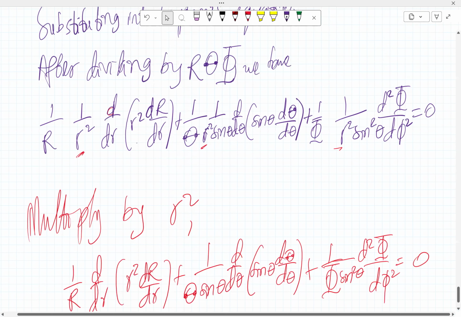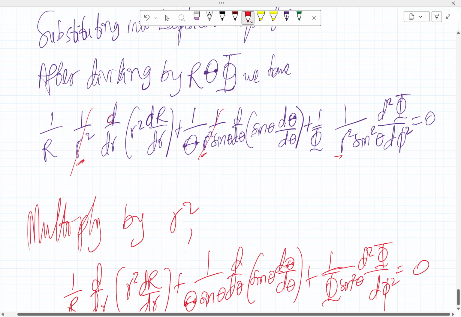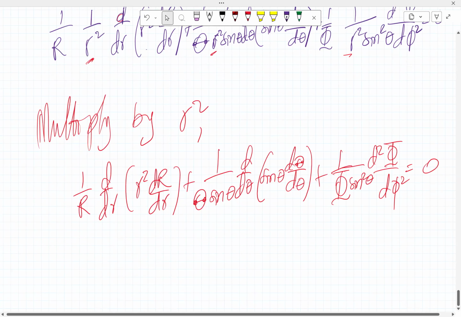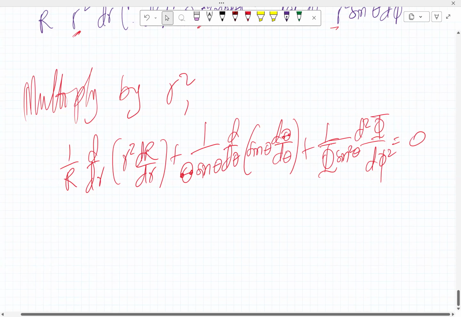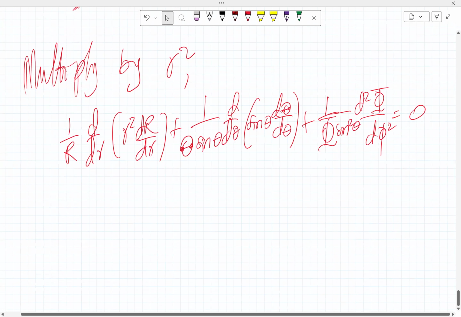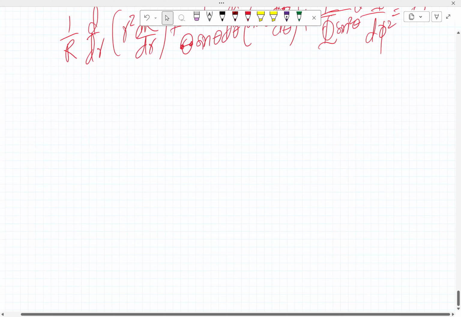Multiplying through by r squared has taken care of all of these. So here you don't see any r squared underneath. Then we go to step 3 now.